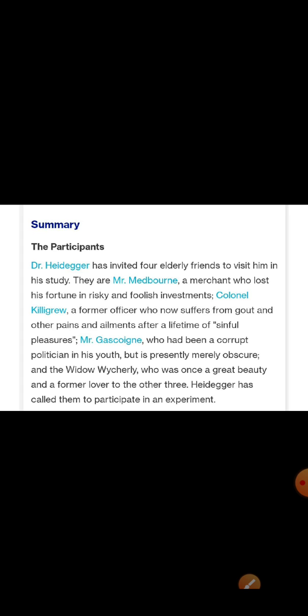Since the experiment was related to youth of persons, he wanted both male and female old persons to be involved in his experiment. He invited four of his friends, of whom one was a lady.